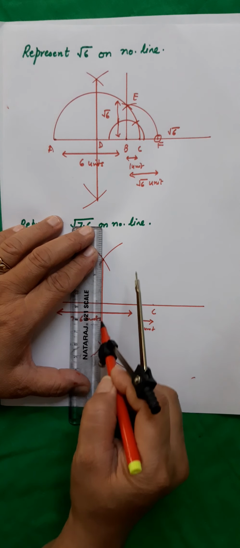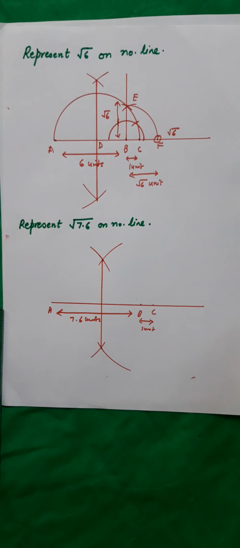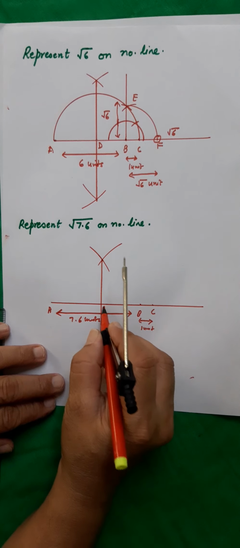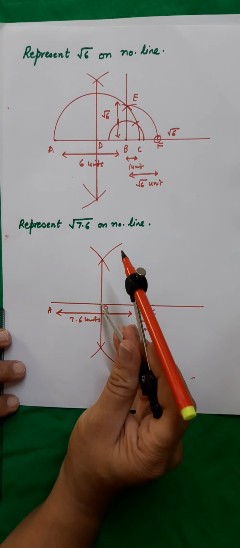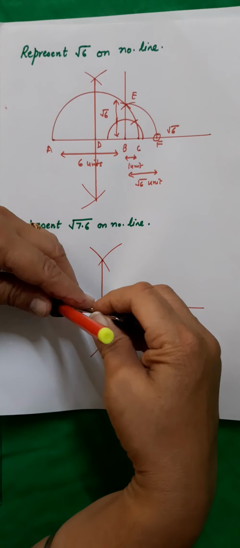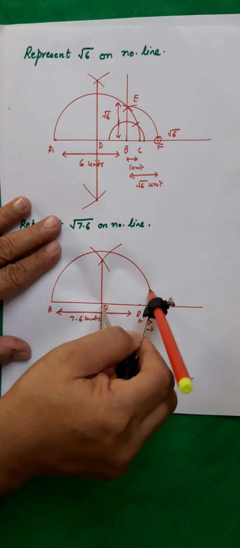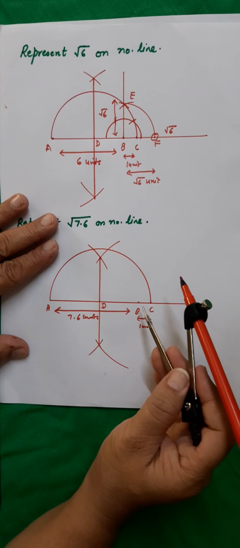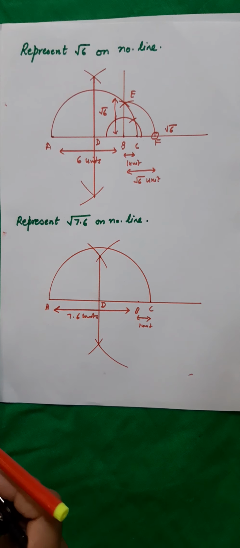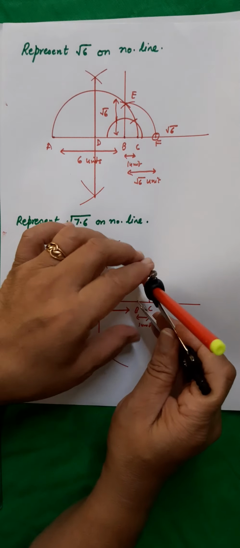So this gives me the midpoint of AC. Let's call this point D. Open the compass equal to AD and then draw the semicircle. Then at B you have to draw the perpendicular. Steps remain the same.